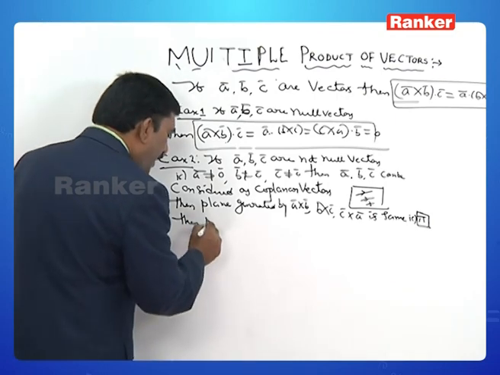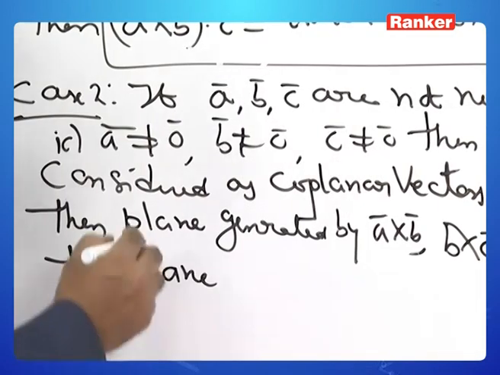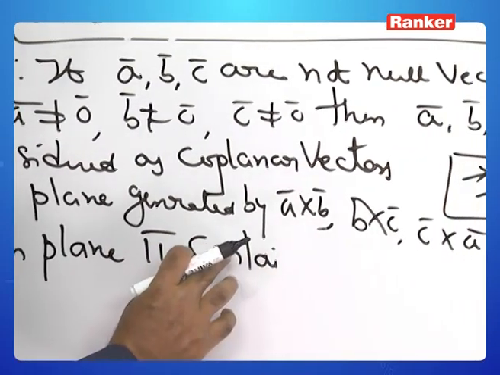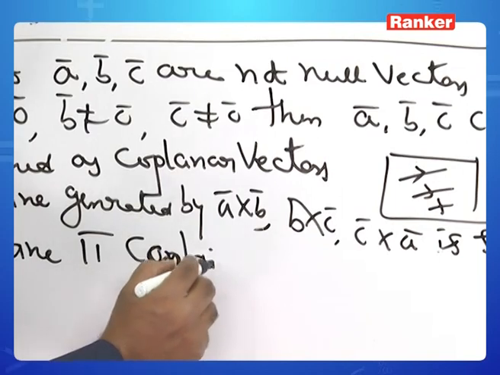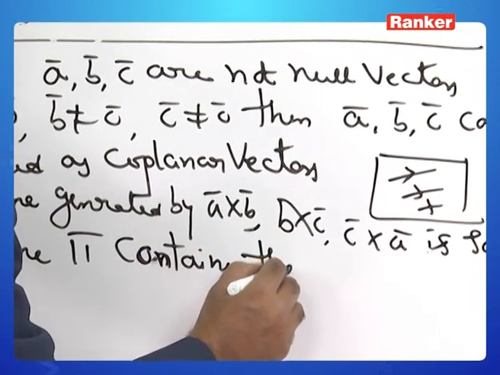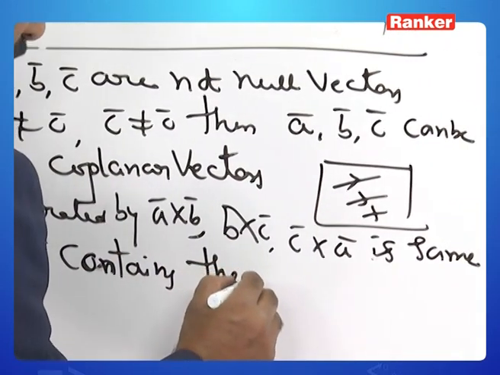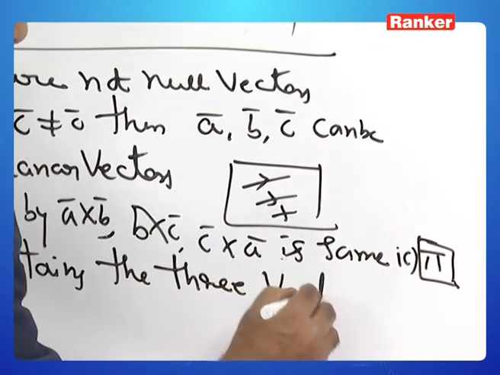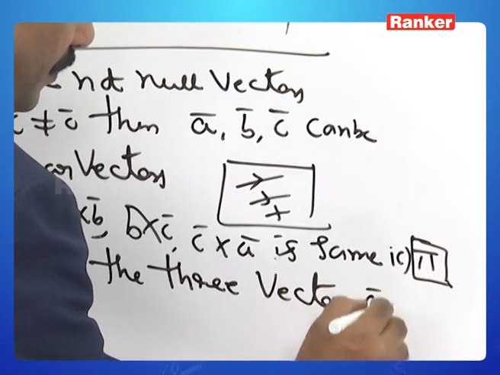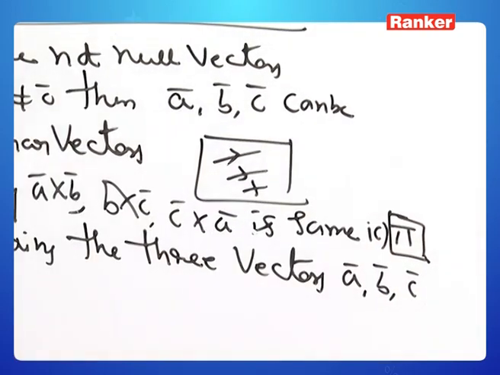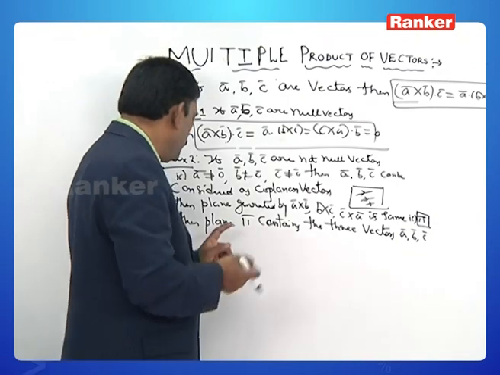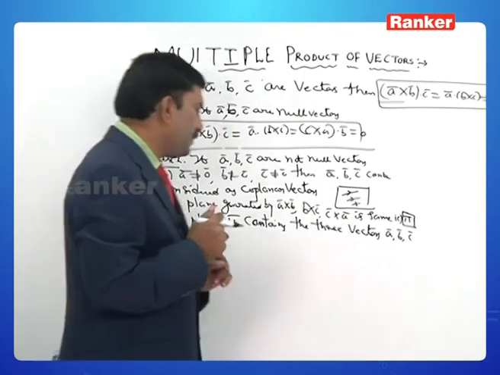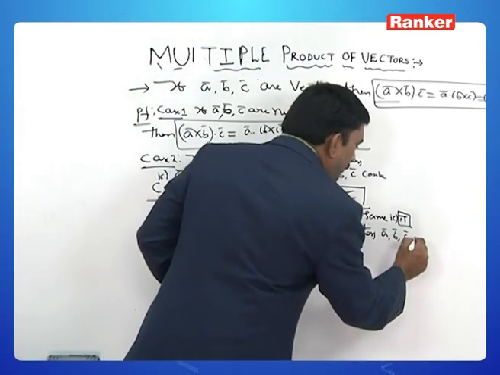Then plane pi contains the three vectors A bar, B bar, C bar. Since they are coplanar, the plane containing the three vectors is the same.